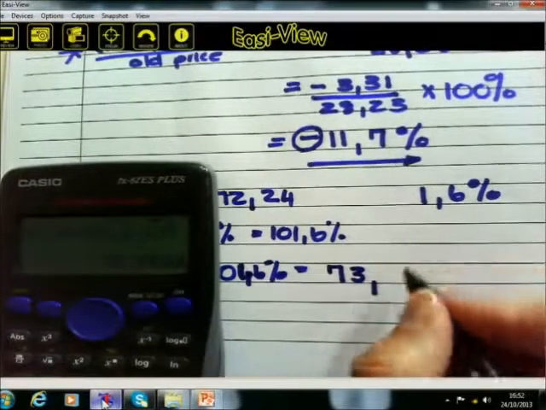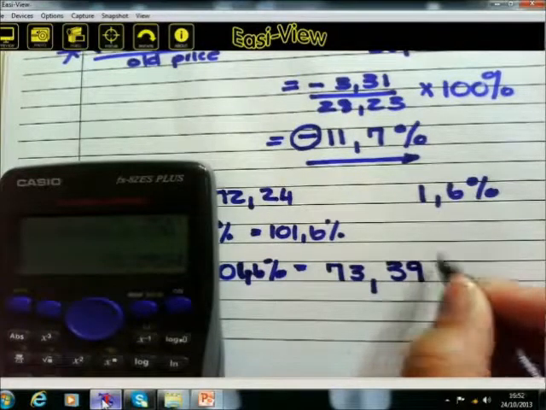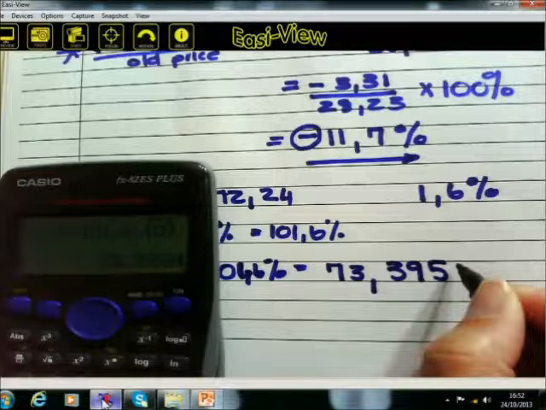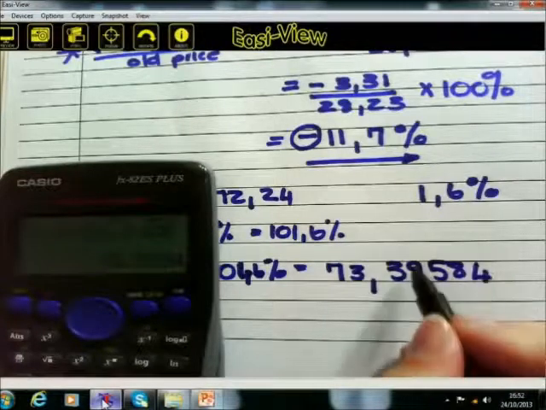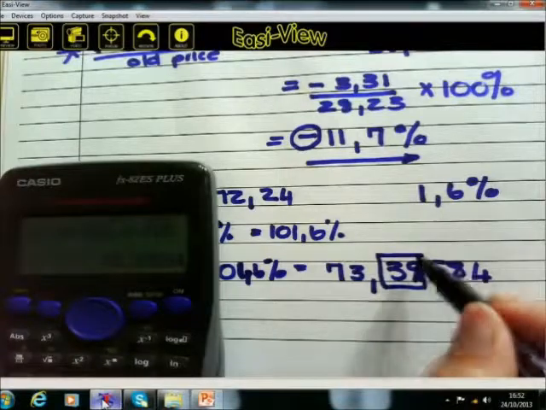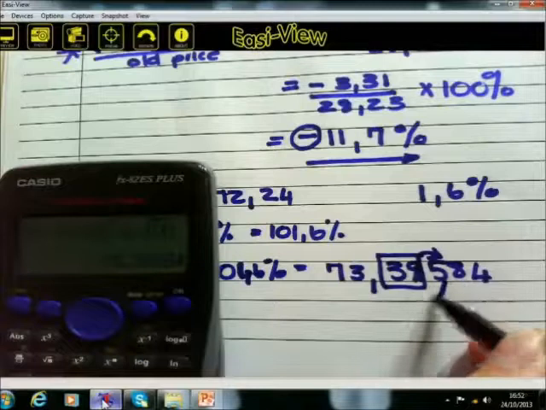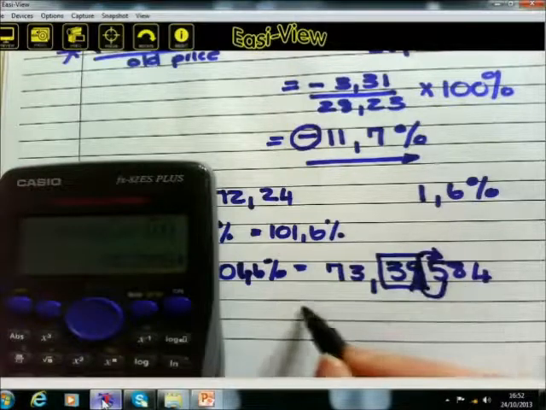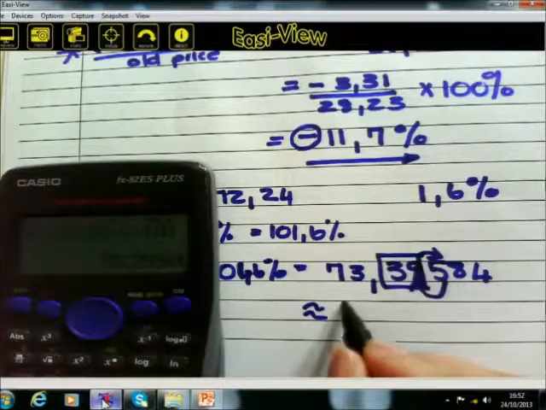And now be careful for the rounding. I'm going to write all the digits down and just remind you of how to round. Remember, it's money, so we only round to 2 decimals. And then I look at the one next door. If it is 5 or more, it's going to change that one. So if I round it, it becomes a 0 and a 4.